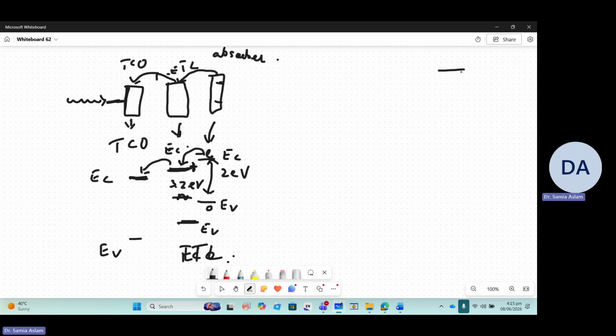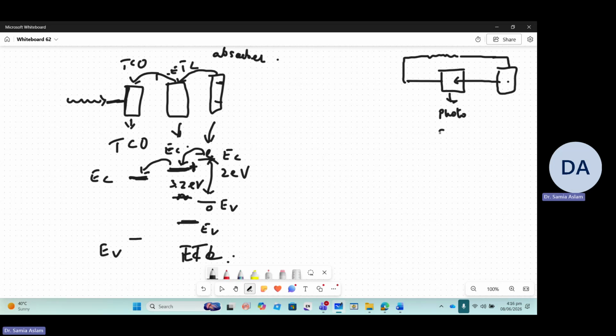So this was our photoanode, and from here the electron went to the outside circuit where it ran some load, then went back to the back contact and was collected by the back contact.